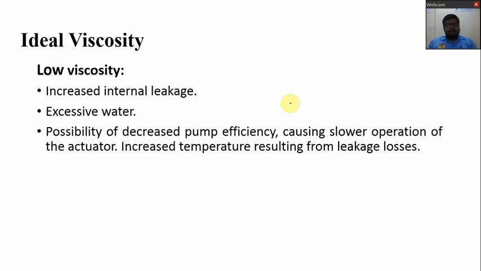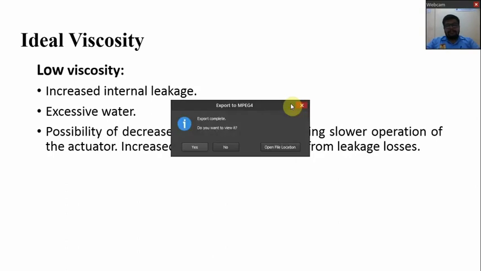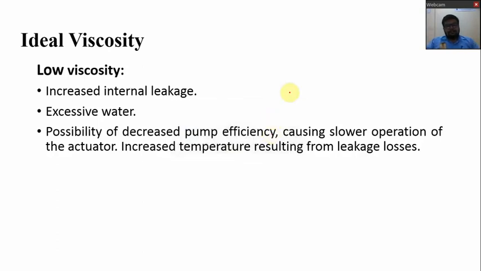On the other hand, a low viscosity fluid flows very easily. That is the advantage of low viscosity fluid. But it causes leakage, and it also reduces the volumetric and overall efficiency. The first one is that it increases internal leakage, which was not visible in the higher viscosity.